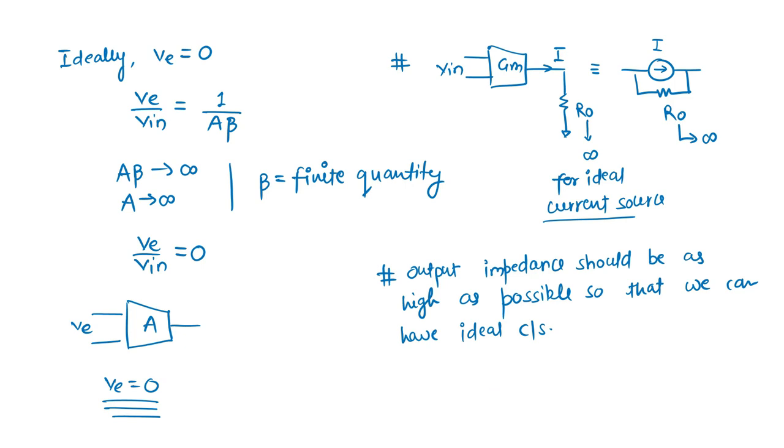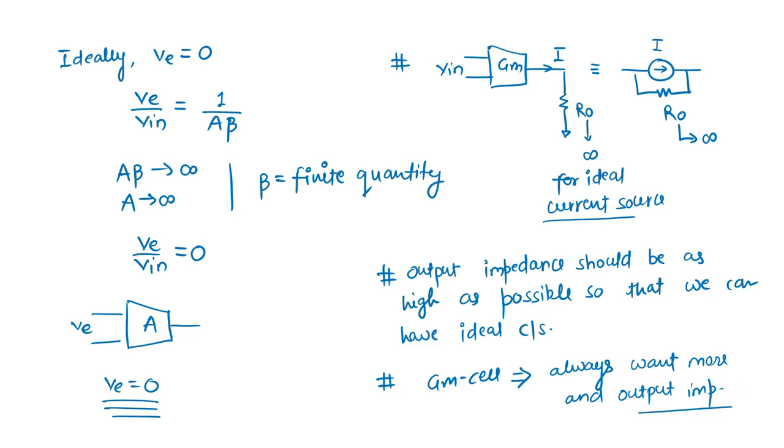So when we design the GM cell, we always want more and more output impedance.